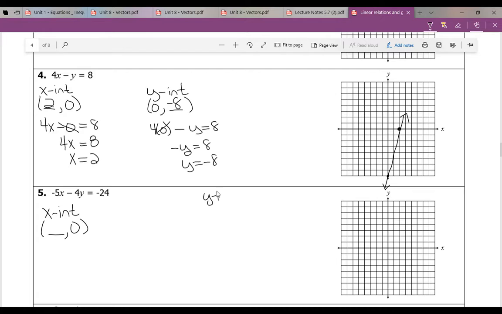For our y-intercept, we're going to plug in 0 for x and figure out what y is. So here I get -5x minus 4 times 0 equals -24.